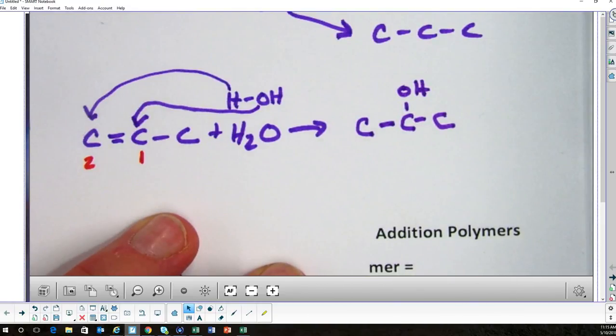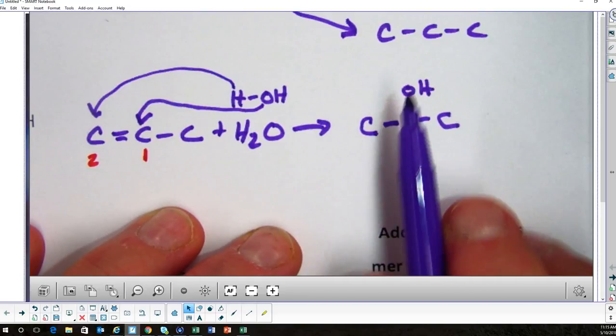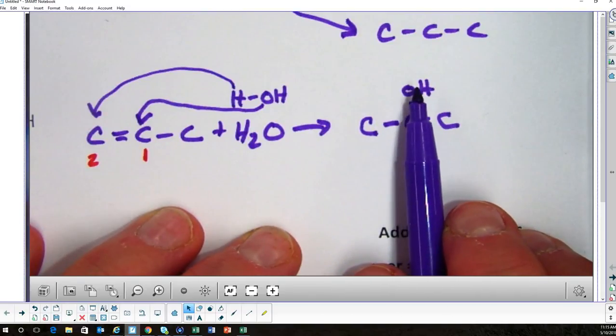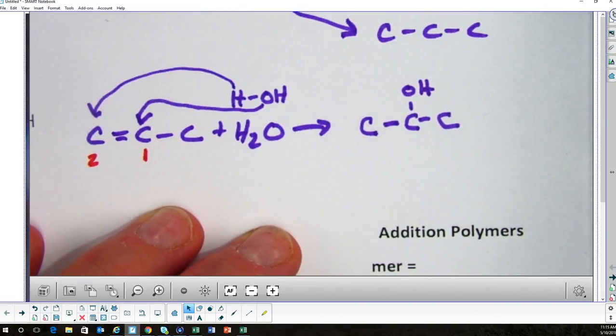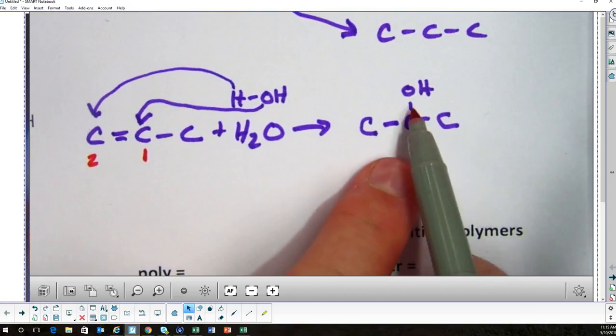So when I make my final product here, I'm going to have C-C-OH-C. So I get what's known as a secondary alcohol, or isopropyl alcohol. Which is rubbing alcohol. Okay? Iso, remember, just means it's the same on both sides of where the alcohol is attached.